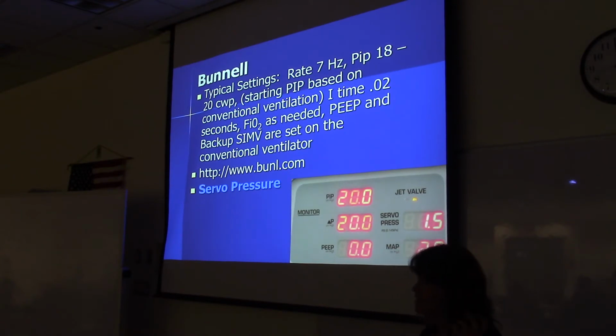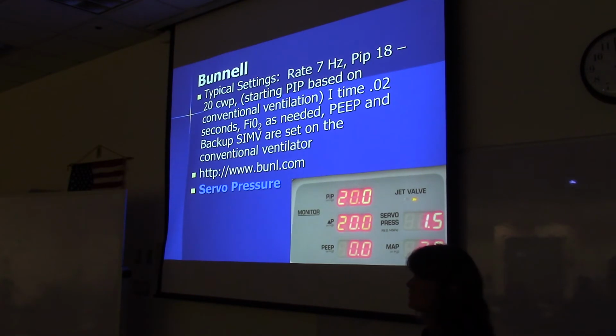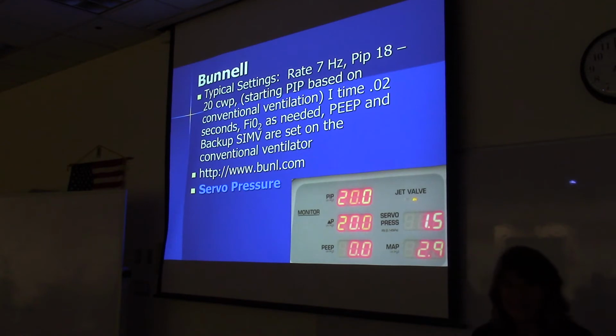The backup rate on conventional ventilation, when it's just the backup for the jet, is a much slower rate, less than 10 per minute. The baby that we had on Friday was on a backup of 3. 3 breaths per minute. Very slow.